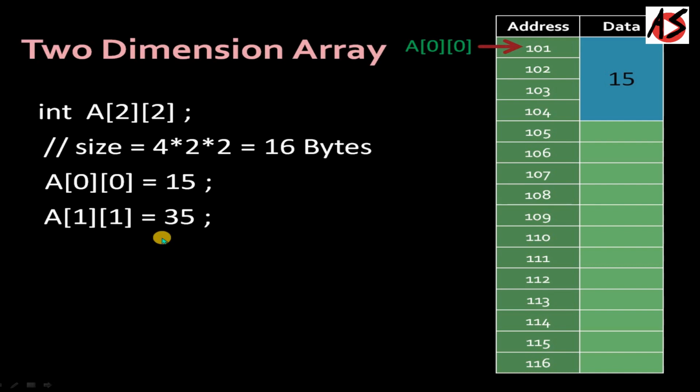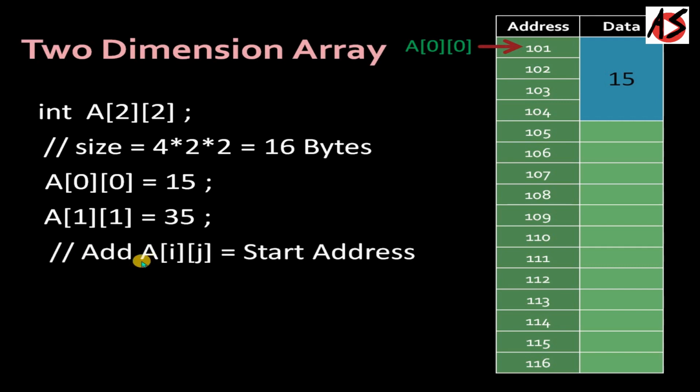The equation for this address calculation is: Aij, that is the ith row and jth column, is equal to the start address plus the size of the data type multiplied by the number of columns multiplied by the row index plus the column index.